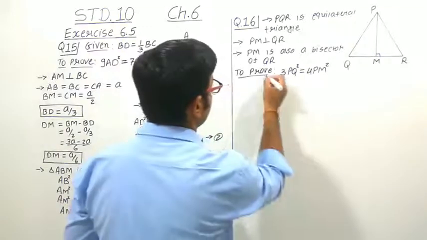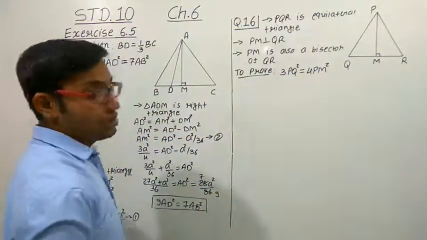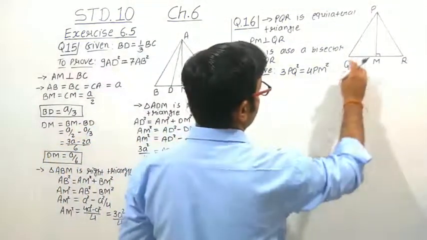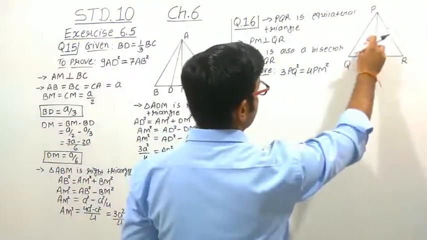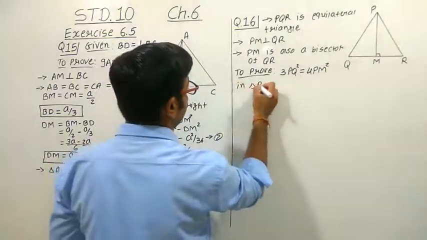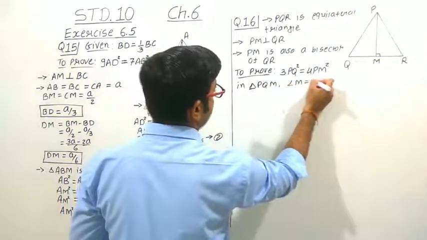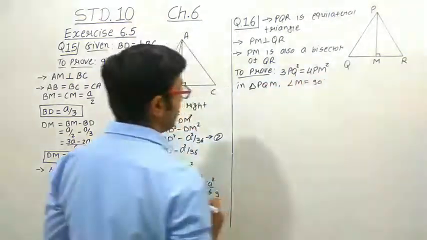So what we can do here is apply the Pythagoras theorem, right? Let us consider the triangle PQM. So in triangle PQM, angle M is 90 degrees. So we can apply the Pythagoras theorem.